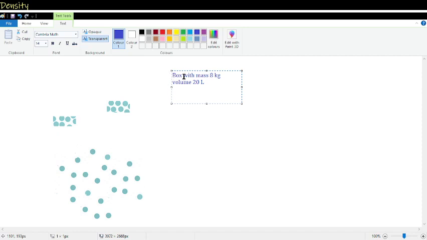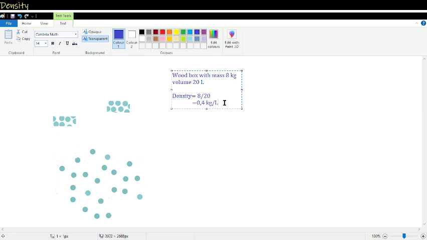This is a wood, and then the density will be 8 divided by 20, mass divided by volume, and then we get 0.4 kilogram per liter, something like this.